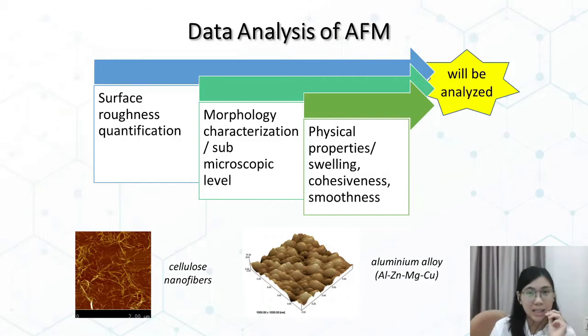As you can see in the cellulose nanofibers and aluminum alloy, AFM is a useful tool to capture the 2 and 3-dimensional image of height and size of nanostructure objects.